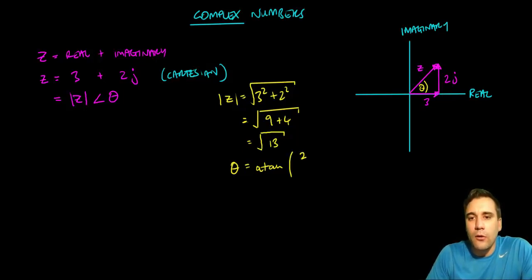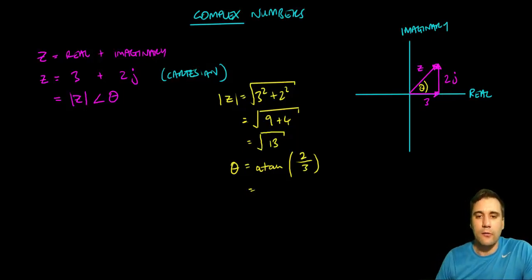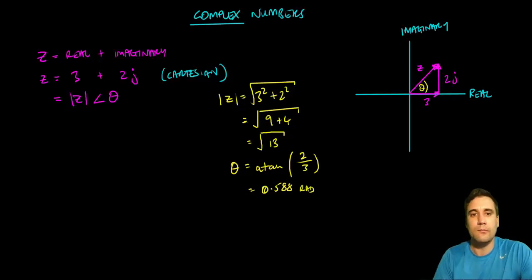Of opposite, which is 2, over adjacent, which is 3, and I don't remember what that is off the top of my head, and we are going to express this in radians. So what I'm doing right now is punching some stuff into my calculator. 0.588 radians.